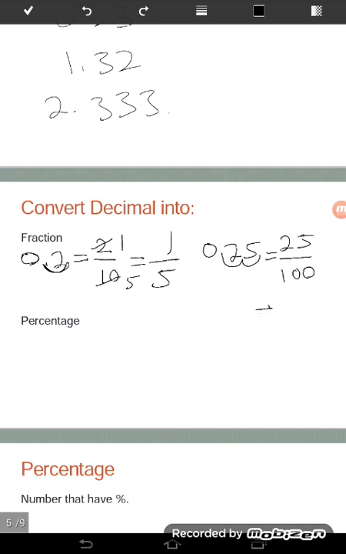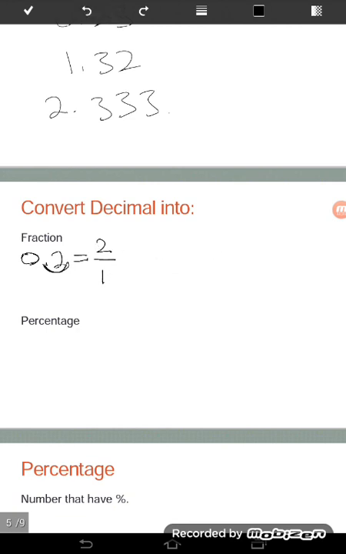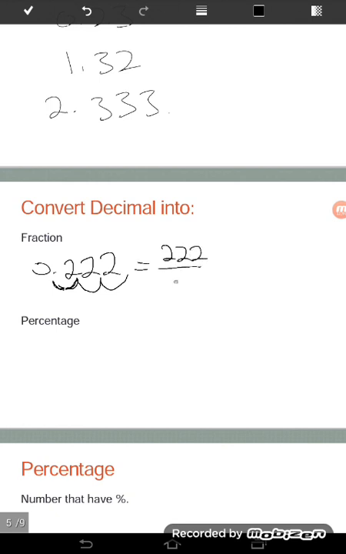Another example, 0.222. Now there are 3 decimal places, 1, 2, 3.